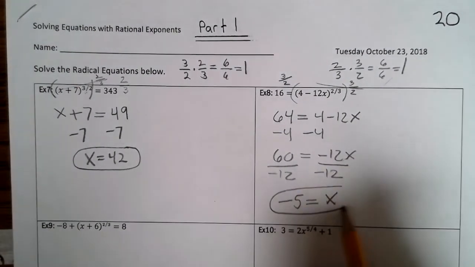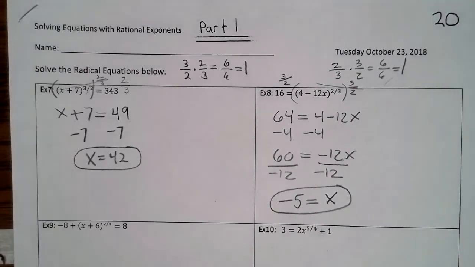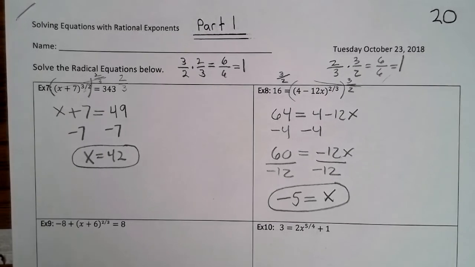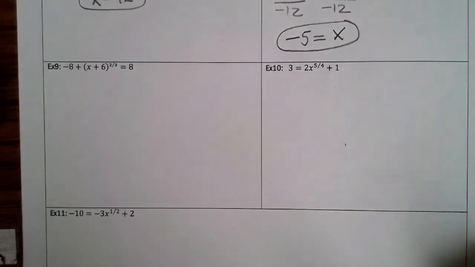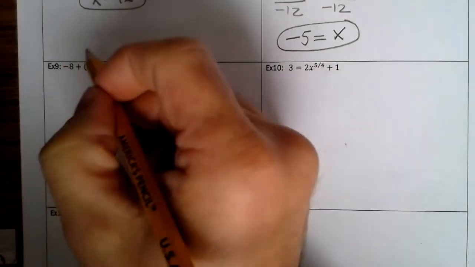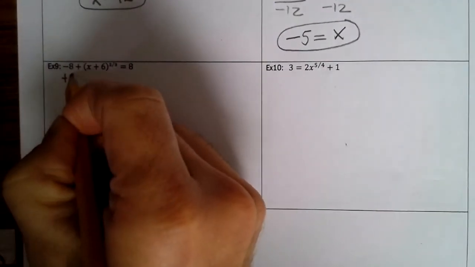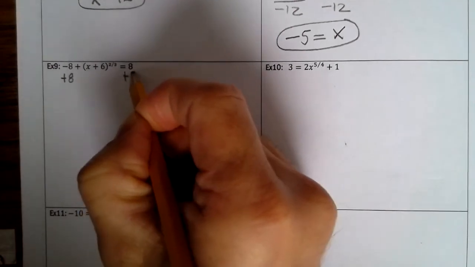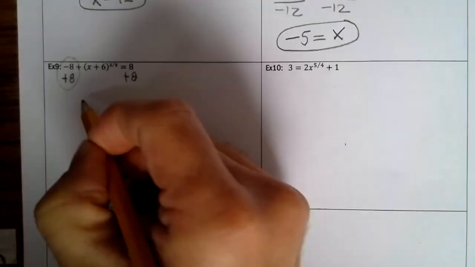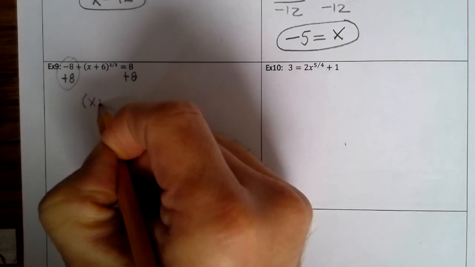All right, now let's take a look at examples 9 and 10. Same thing here, but we have to isolate the radical first. So we actually need to add 8 to both sides first. You have x plus 6 to the 2/3 power equals 16.